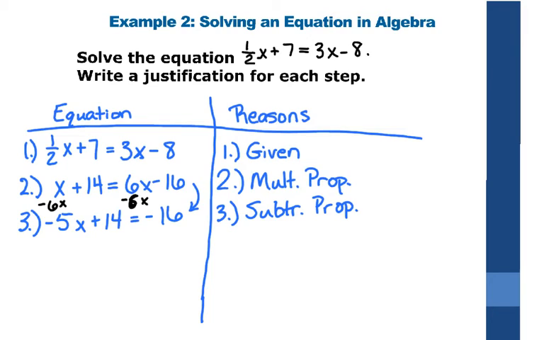Okay. Step 4. Let's see. We have 5x equals negative 30. And what happened here is we subtracted 14 from both sides to get to this point. So again, we're using that subtraction property.